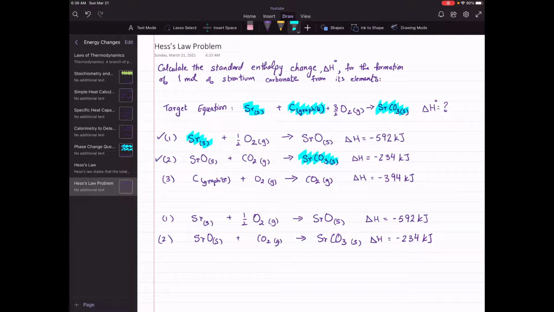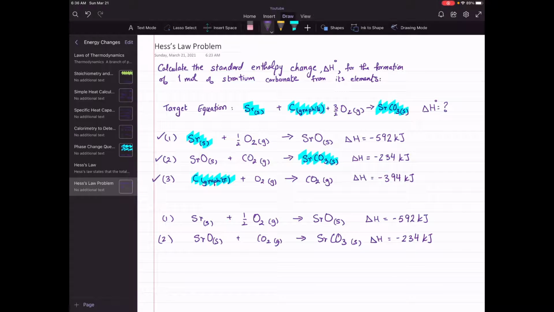So first I will check, is it on the correct side? Well, in the target equation, it's on the left side. In this equation, also it's on the left side. So it is on the proper side. The quantity, I need to have 1, and I have 1. So that is perfect as well.